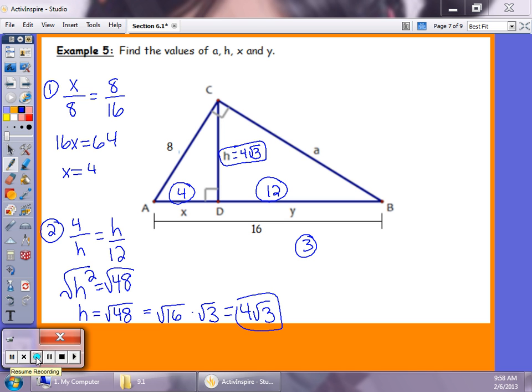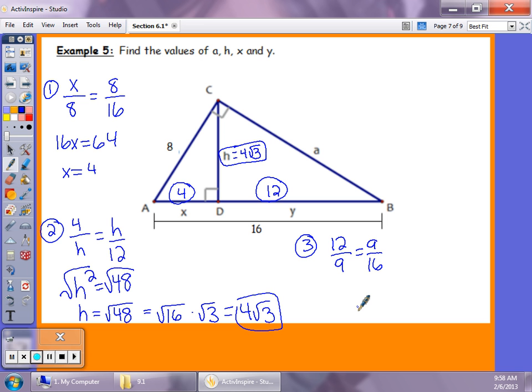So for this one, we are going to take 12 over a and set that equal to a over 16. So if you go back to the previous slide, this represents the long side of the medium triangle over the hypotenuse of the medium triangle, which is going to be equal to the long side of the large triangle over the hypotenuse of the large triangle.